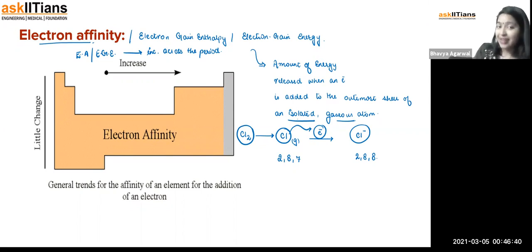Their tendency to attract an electron increases across the period and decreases down the group, and that's because the metallic character increases down the group. Make sense? Correct. So this is how the trends work.